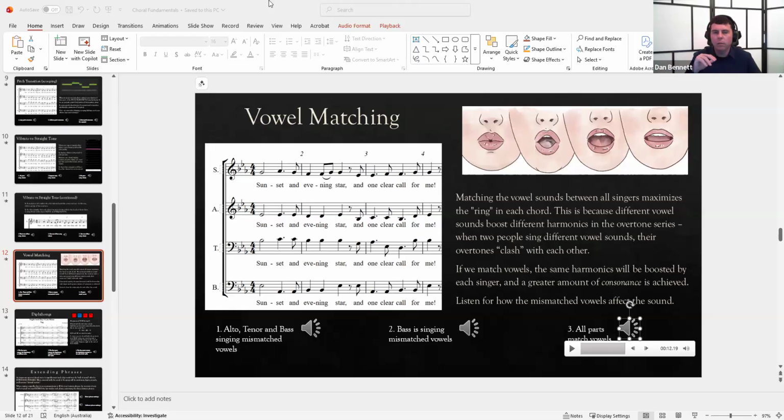The default of most of the singers in Strange Weather Choir, one of my choirs, would be to say something like call, which is quite swallowed, and I want it to be more call. So some of that is mechanical. You need to lower the jaw a little bit more and open the lips a little bit more. But the other thing, which is harder to control, is moving the tongue forward just a little bit more like this as well.